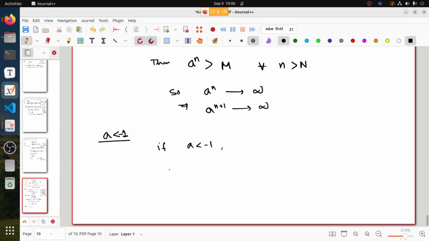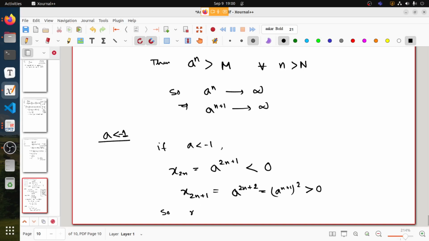Choose x 2n, then it will be a to the power 2n plus 1. As a is negative, a to the power 2n plus 1 is an odd power, so it will be less than 0. And take the subsequence x 2n plus 1, so a to the power 2n plus 2, which is a whole square, so whatever a is, it will always be positive. So for the even sequence x 2n it is negative, and for x 2n plus 1 it is positive.